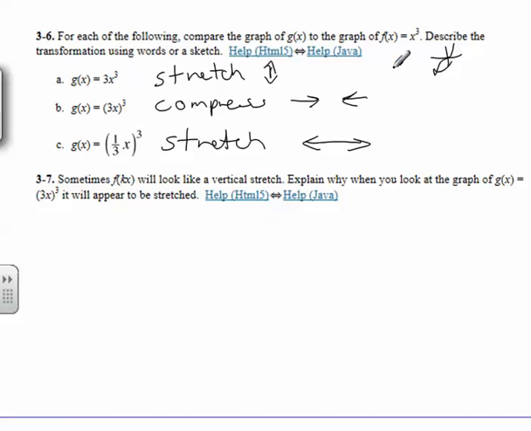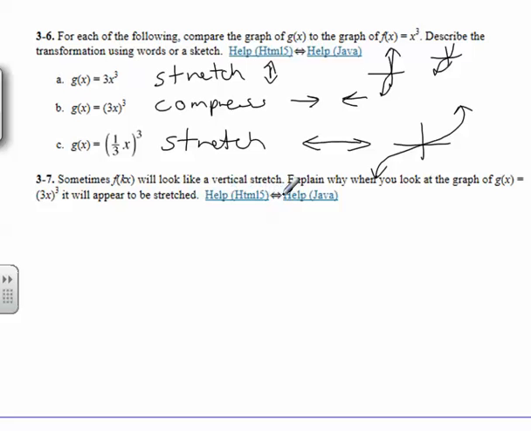Well, the stretched one will be very skinny, and the compressed one will look kind of similar but at a different scale. And then the stretched one this way will look more like that, which also could be described as looking more compressed vertically.